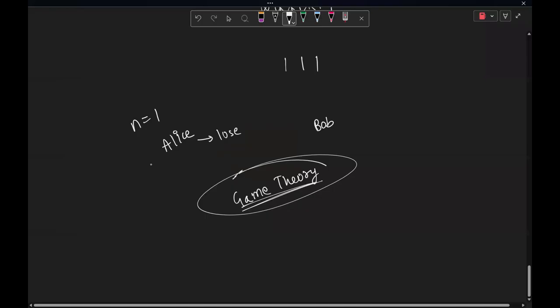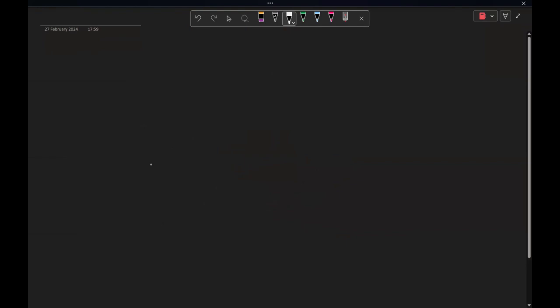When I read this problem, the very first thing which came to my mind, which many people have been writing in the chat also, let me just write it once here.